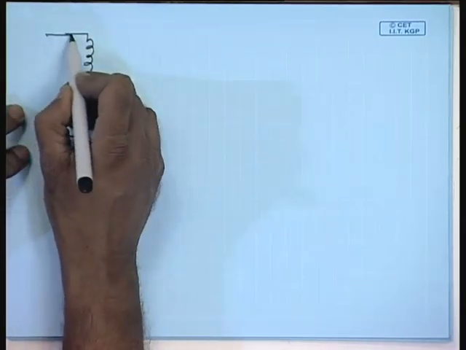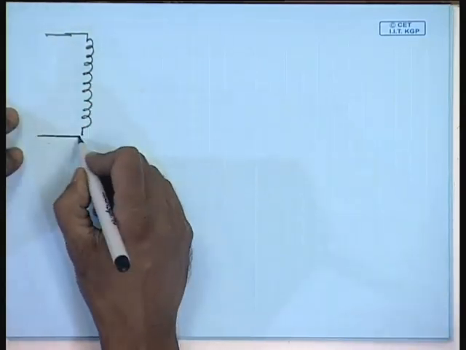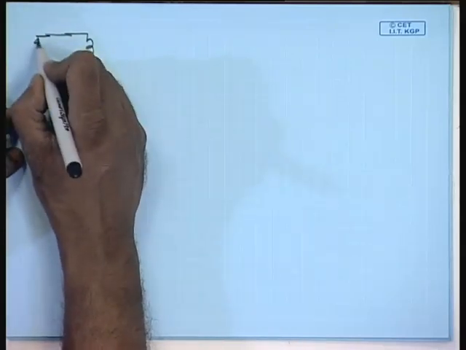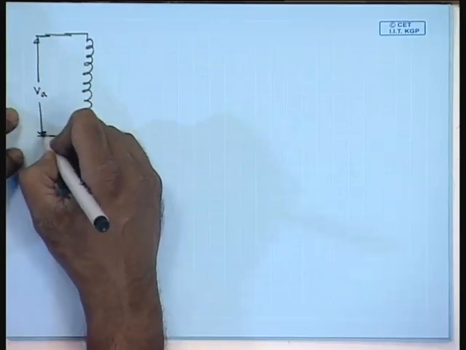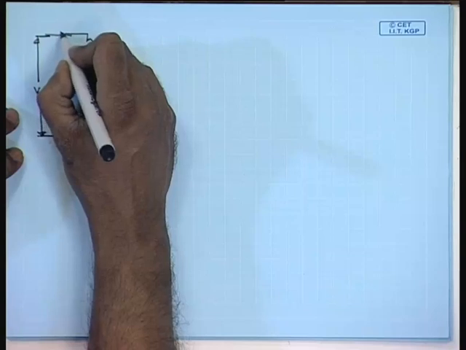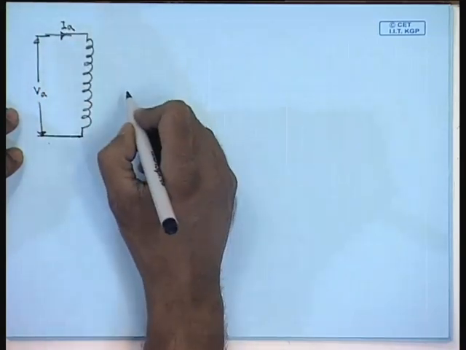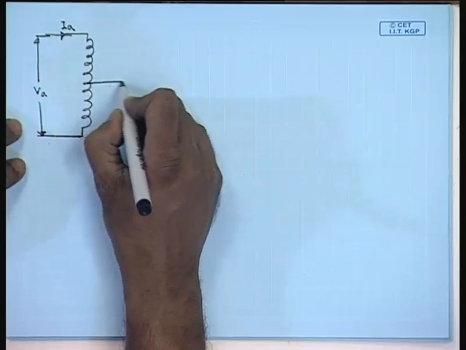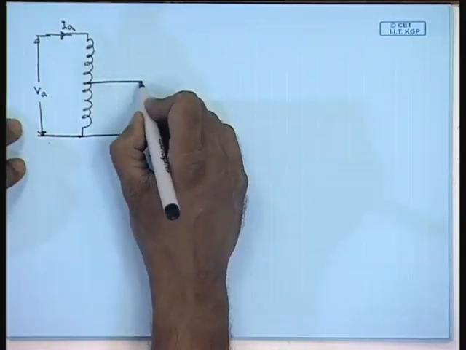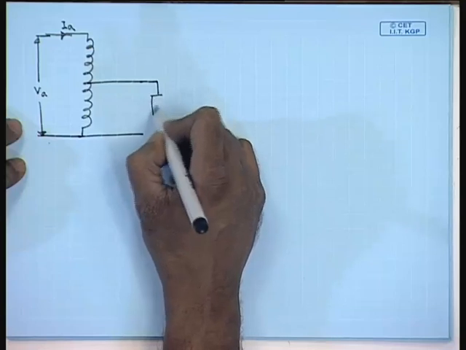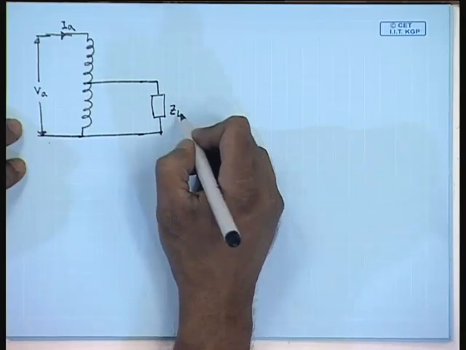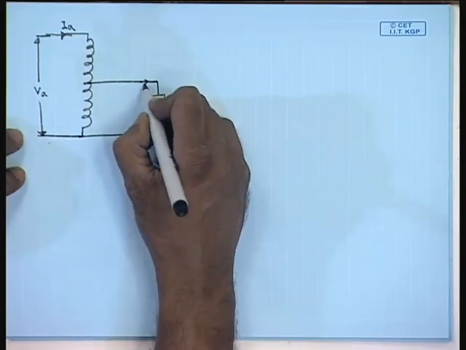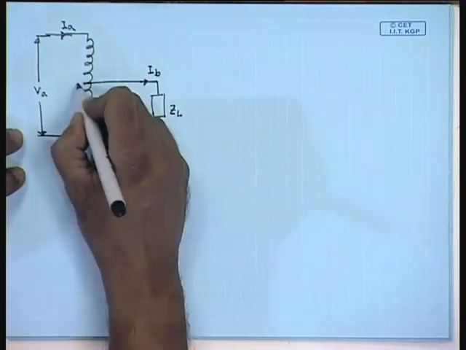For that, let us assume that this auto transformer is supplied with a voltage of VA on the HV side, draws a current of IA here, and the output is taken from here, supplies a load ZL, a passive load for the time being we will assume, with a current of IB.